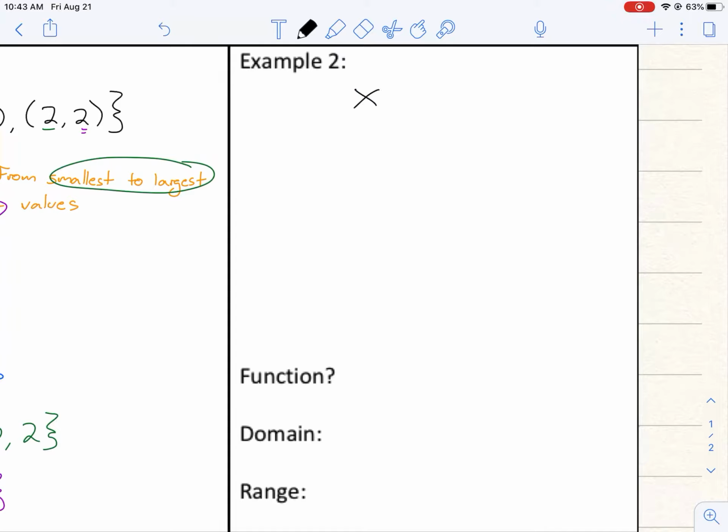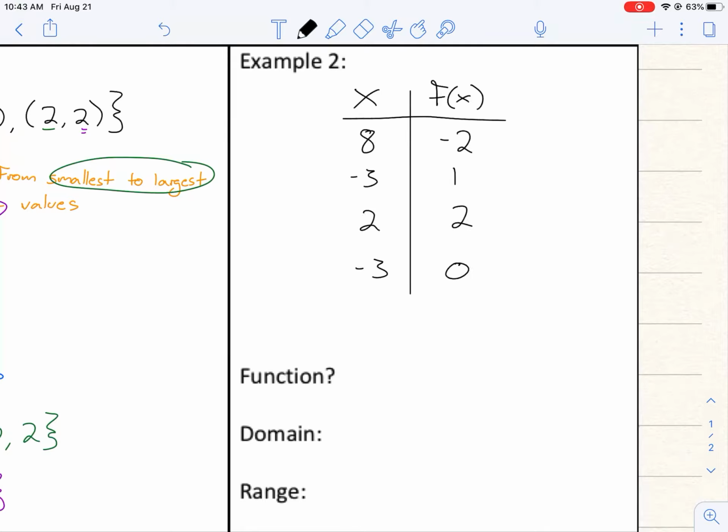For example 2, let's make ourselves a table. So I've got x and f of x here. The x values are 8, -2, -3, 1, 2, 2, -3, 0.